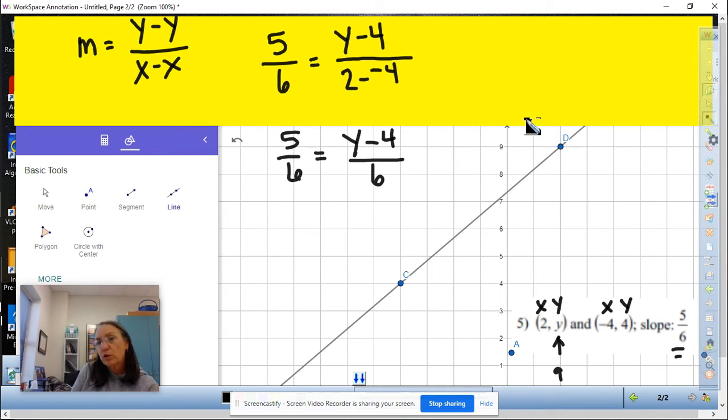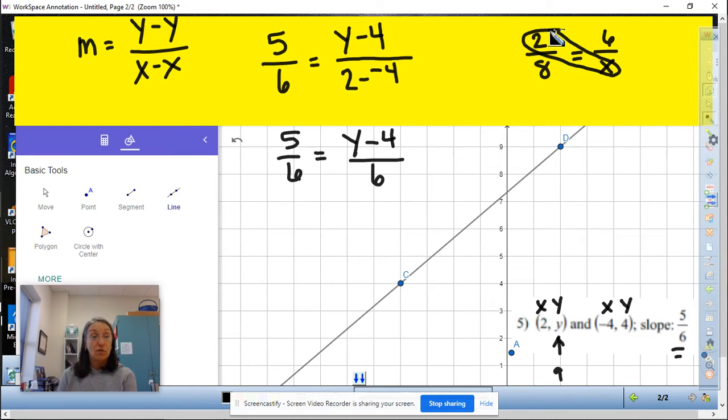Remember when you were doing proportions, you might have a simple little problem that was something like 2 over 8 is equal to 6 over some number here. And you would cross multiply and set them equal to each other and solve for your variable. We're doing the same thing here, only it's a little bit more complicated because of the y -4. But this is what that looks like.